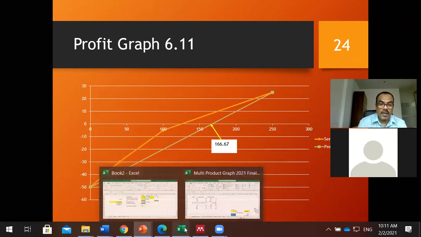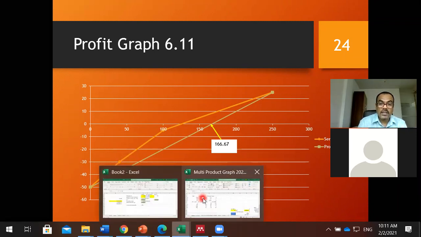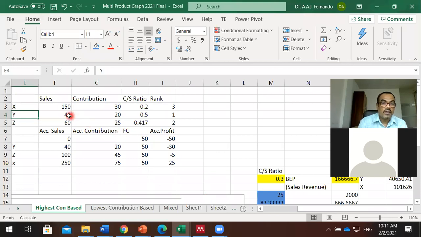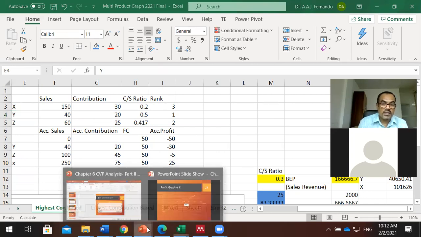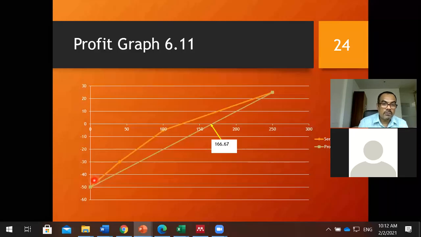But if you produce Y only, what is the contribution coming from Y? Sales contribution is 20. If you produce only Y, total sales is 40,000, contribution is 20. So your total fixed cost is 50.